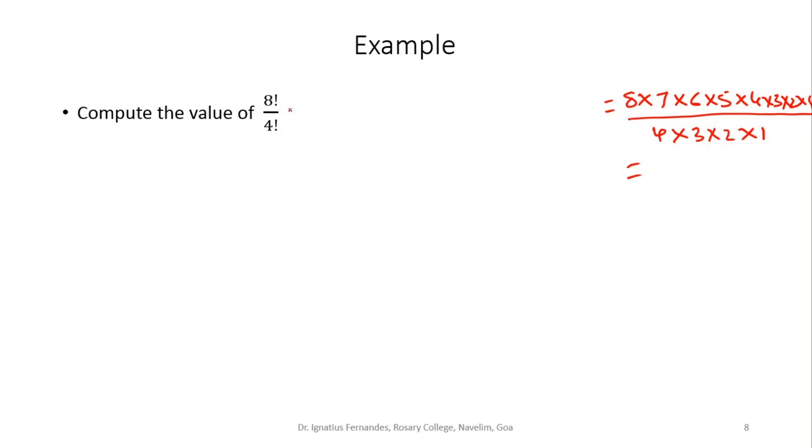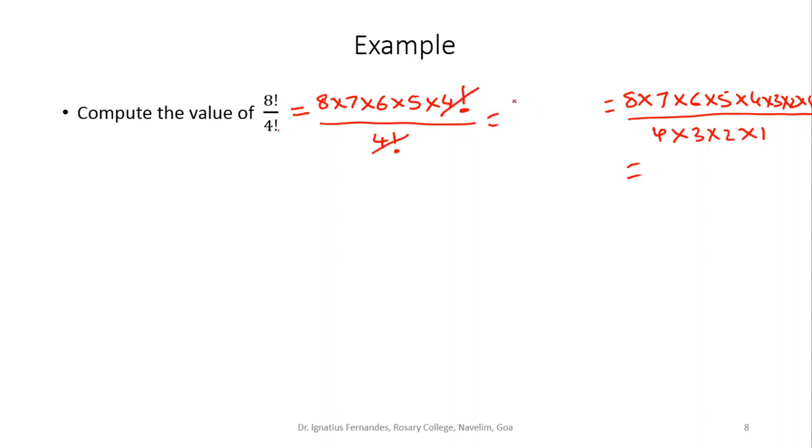If I use the reduction formula, I can directly simplify this 8 factorial till 4 factorial. I can write 8 factorial as 8 into 7 into 6 into 5 into 4 factorial, because I have 4 factorial in the denominator. I can straight away cancel 4 factorial with 4 factorial.